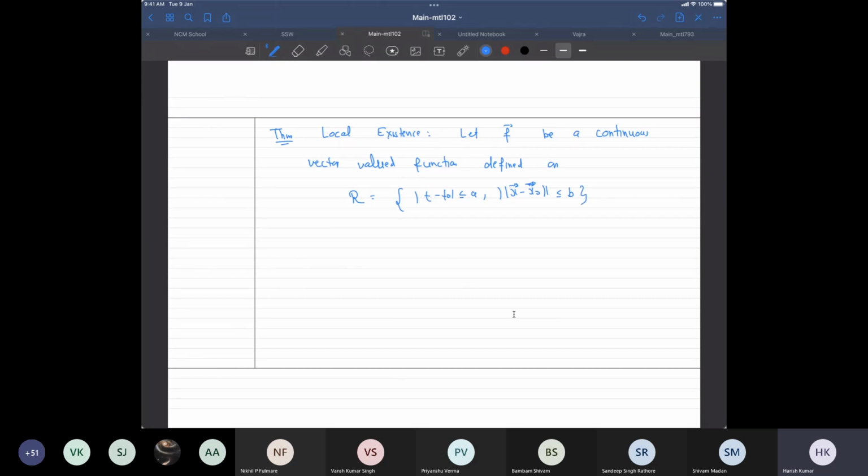So define on this R for some a, b positive, and it's continuous. And suppose f is Lipschitz continuous on R with respect to the second variable. So the second variable is a vector x.